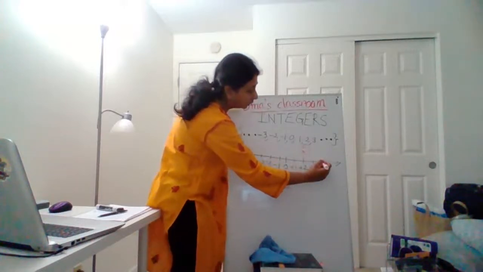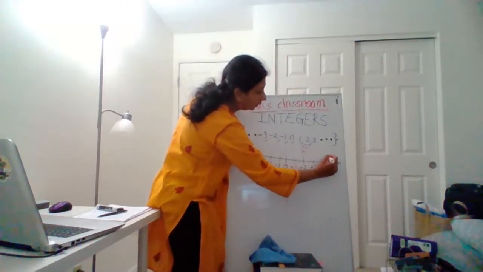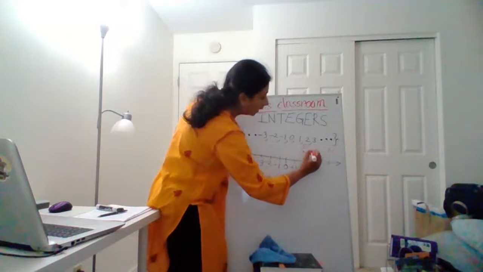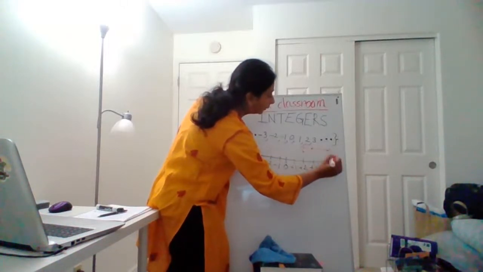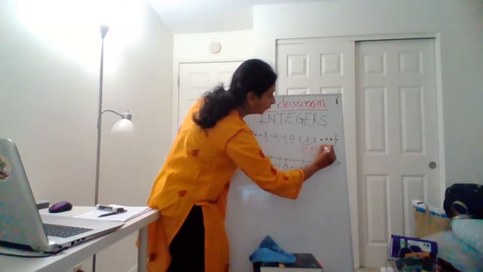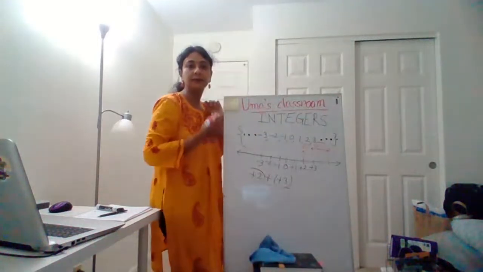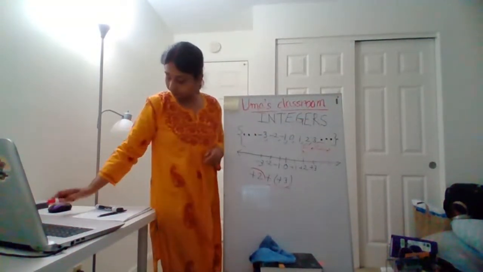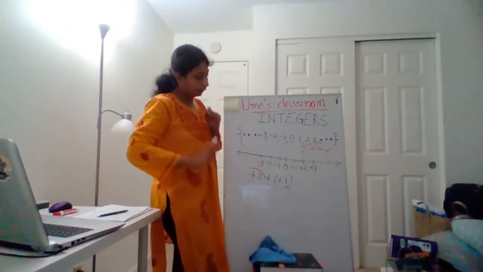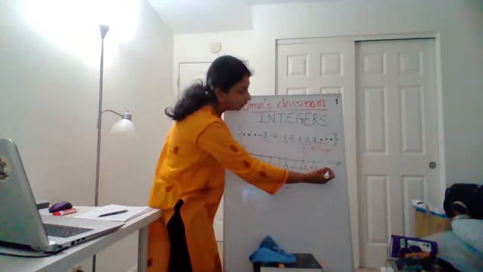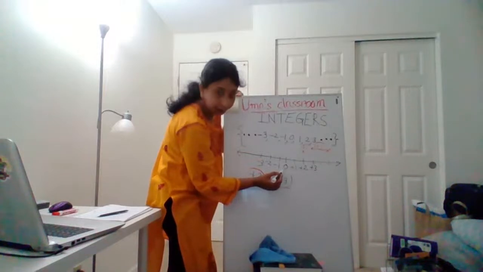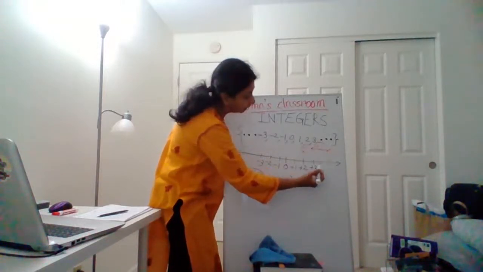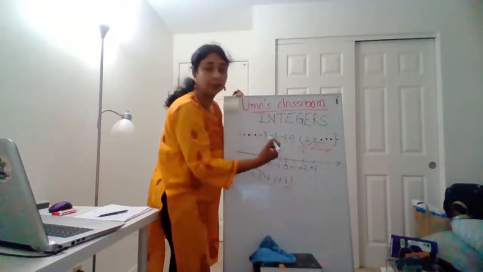1, 2, 3. This is the position I am reaching now after doing +3. Now let me count what is the value of this position. This is 0 and this is my right side. So definitely I am moving towards right.